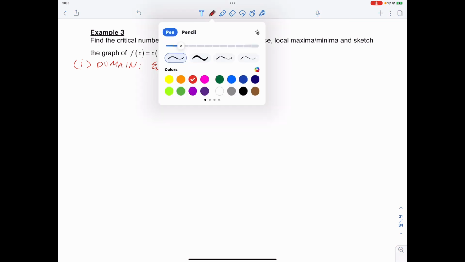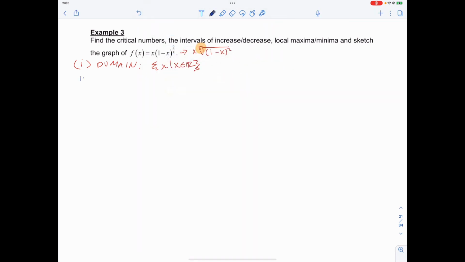The second thing, I'm going to differentiate this. So f prime of x. Now it's a product rule and a chain rule. So x times 2 over 5 (1 minus x) to the power of negative 3 over 5 times negative 1, plus (1 minus x) to the power of 2 over 5 times 1.